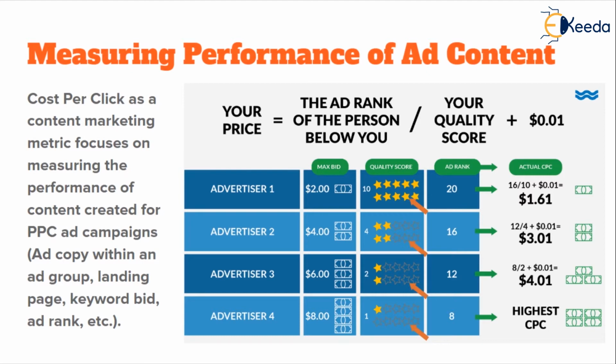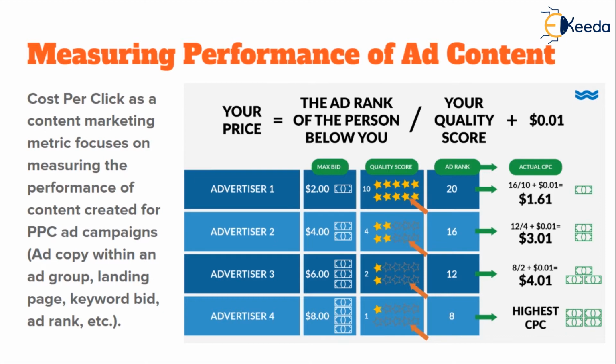And therefore, most organizations employ their content specialists, content marketers to design the most efficient, most perfect ad copy, which can improve relevant clicks for them, which can then bring meaningful traffic to the website, hoping for leads as well as conversions. Now, cost per click, therefore, is a metric which is used to measure performance of this kind of content which is created for PPC campaigns.